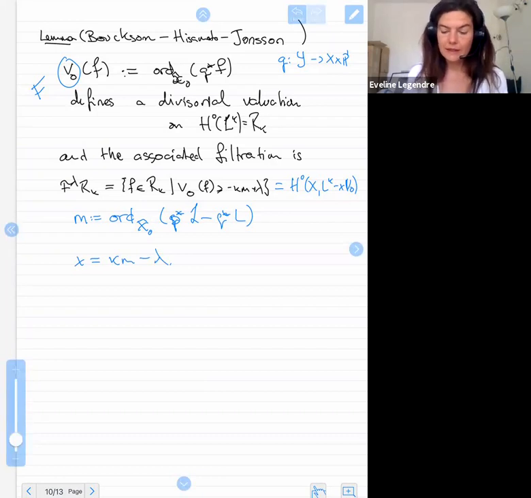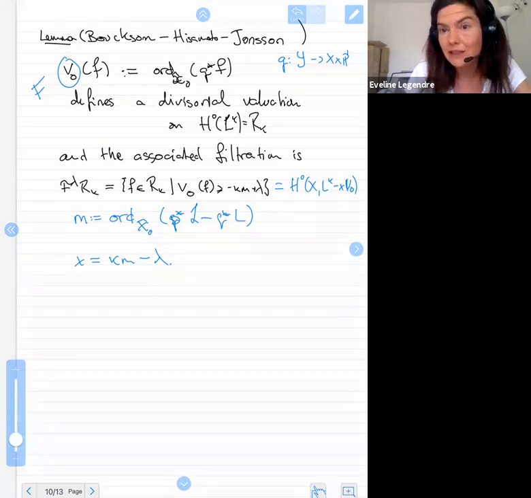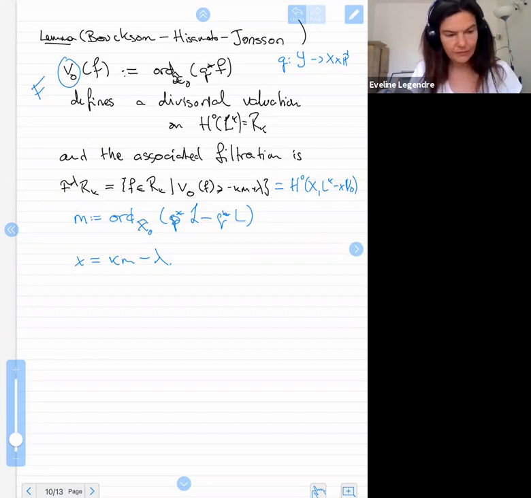Okay, and so using their theory, we get that given an integral test configuration, we have a divisorial valuation, which actually has to be dreamy, because the filtration we get is the filtration associated to the test configuration, and so it is finitely generated. So it's going to be dreamy as well.